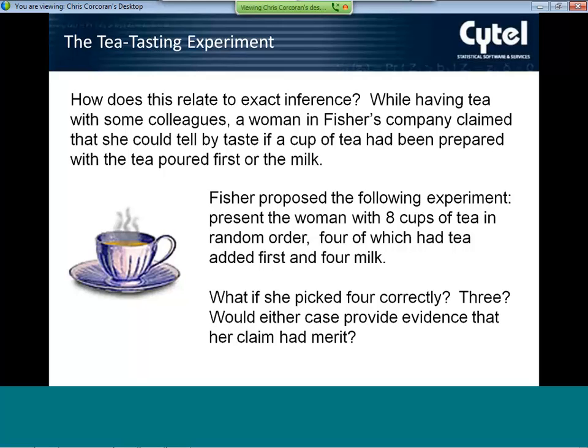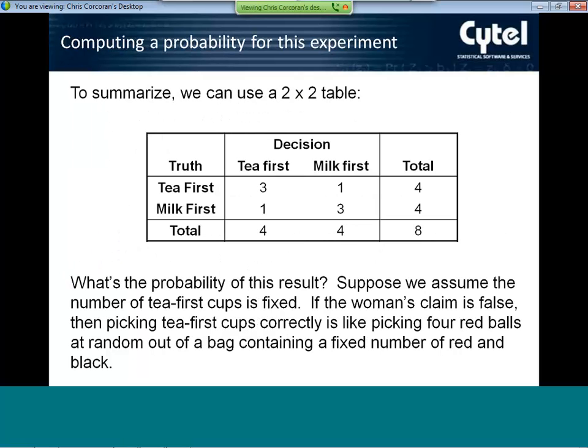Would that provide evidence? Well, it's easy to compute a probability for this using that hypergeometric distribution that we talked about, by organizing the data in a 2-by-2 table. And the table that you see on this slide is just one hypothetical outcome of this experiment, where she correctly guesses 3 out of the 4 tea first cups.